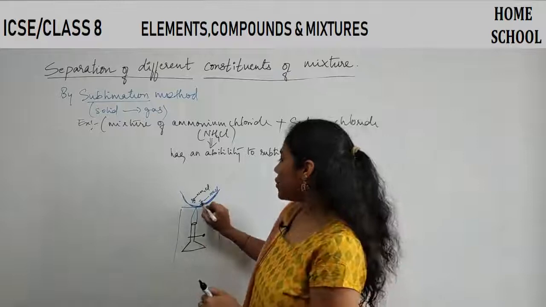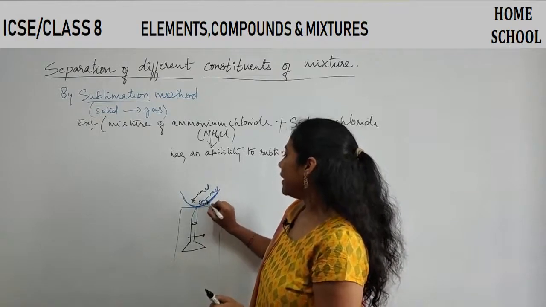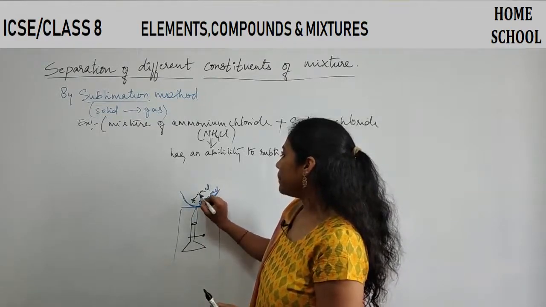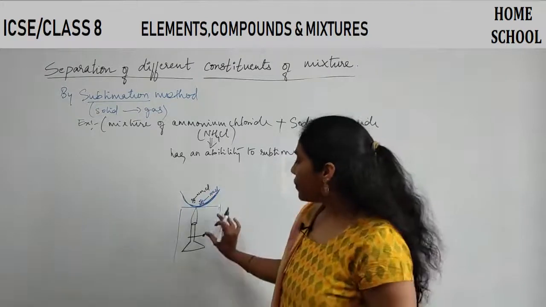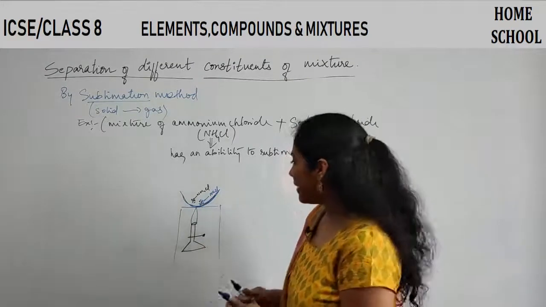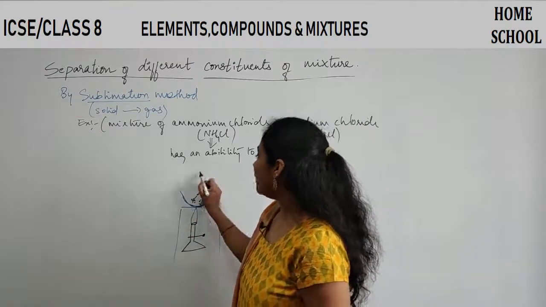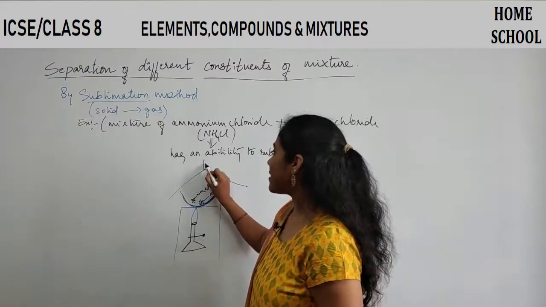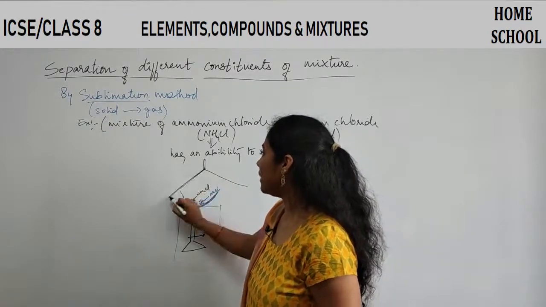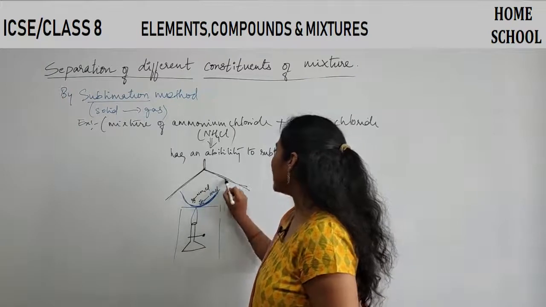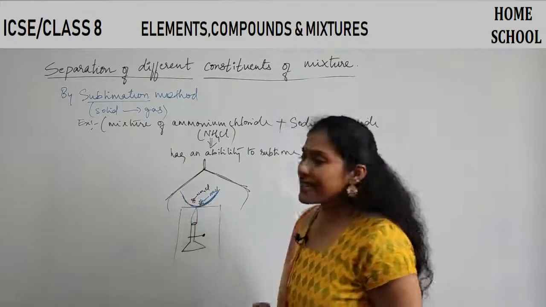Just for differentiation, I am showing NaCl with a blue pen and ammonium chloride with black. As you start heating, this whole bowl I will cover with a glass funnel. So I'm covering the whole bowl with this glass funnel.